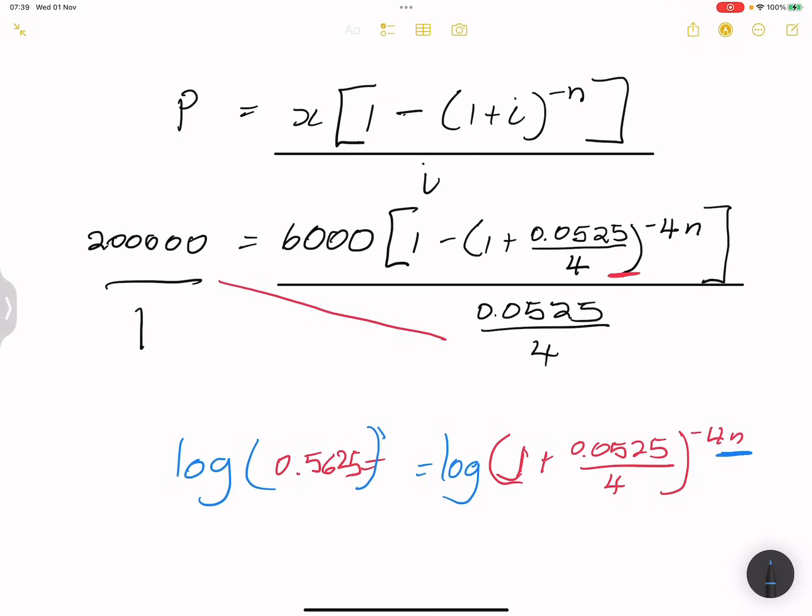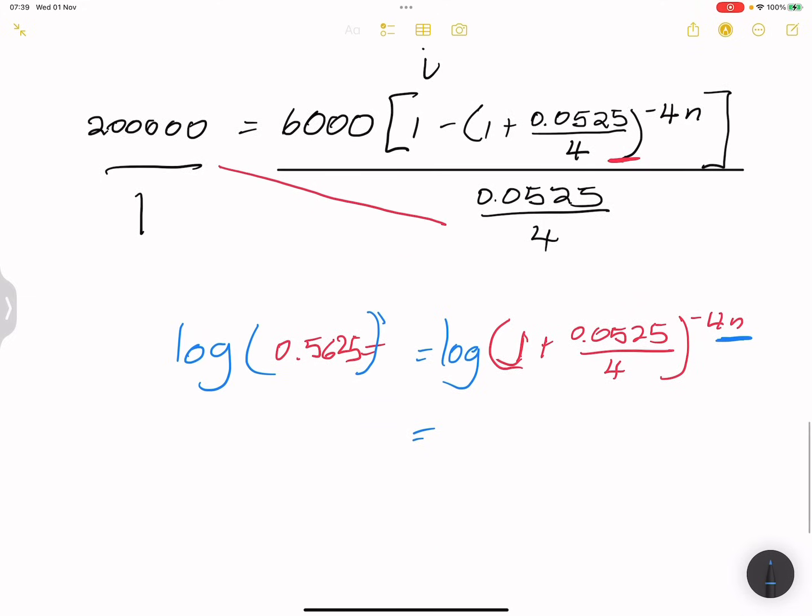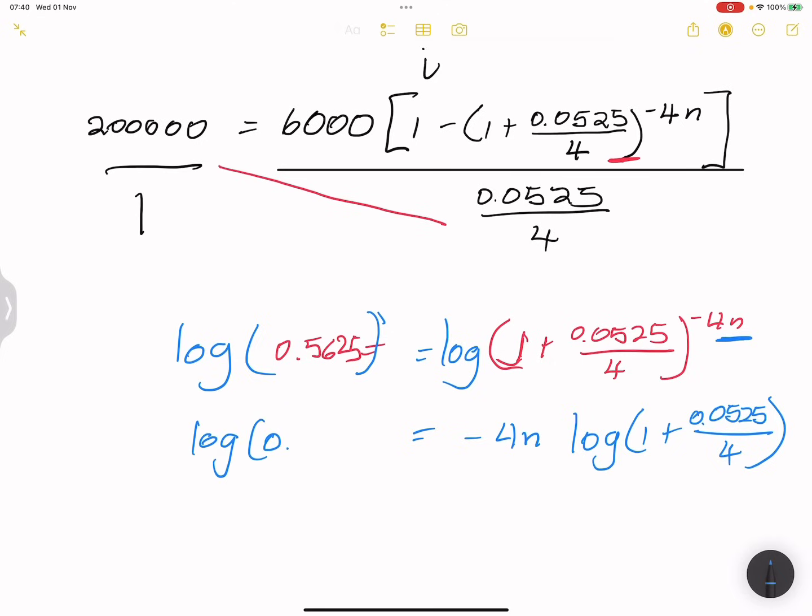I want to drop that exponent down. So the log of that entire expression will be equal to minus 4n times the log of 1 plus 0.0525 over 4, which is equal to the log of 0.5625.